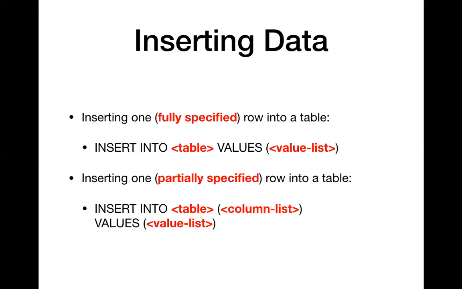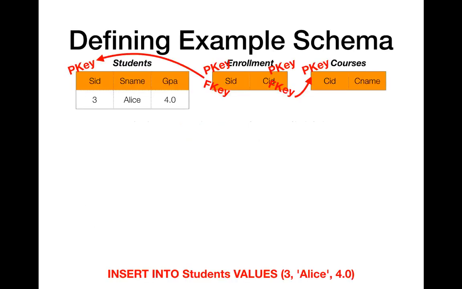We will see this in more detail later, but here we already connected that a little bit because the second command that you see here allows you to specify values only for a subset of the columns, and the remaining columns will be filled up with null values automatically. So in the second case, you have to specify for which columns you actually want to set a value.